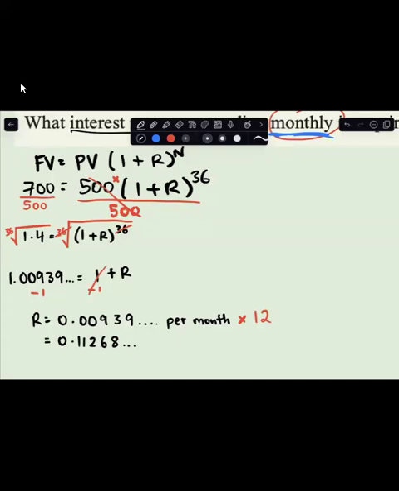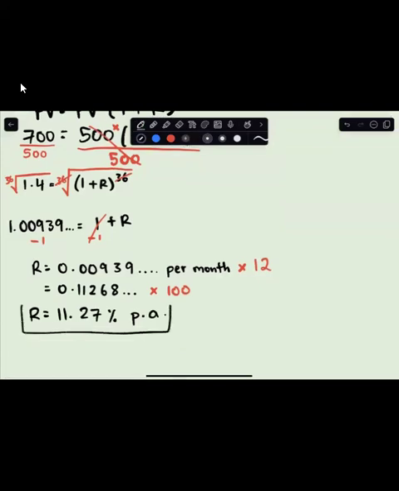Interest rate is usually in percentage. So I'm going to multiply it by 100 because that's how I convert a decimal to a percentage. And that should give me my rate as 11.27% per annum.